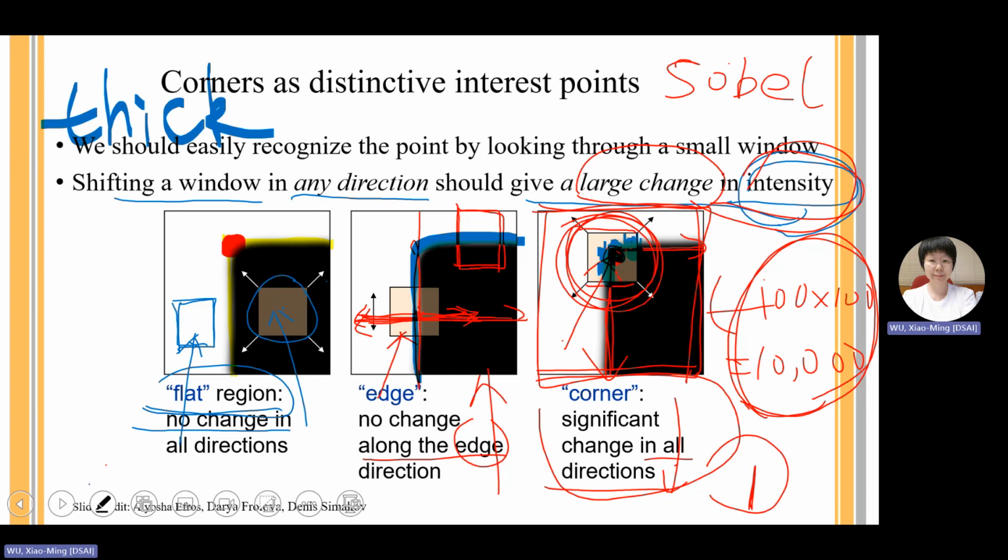There are some thick edges, and we want to do thinning, which is to remove the redundant edges. Remember, in edge detection, we perform non-maximum suppression to remove the redundant edge pixels.